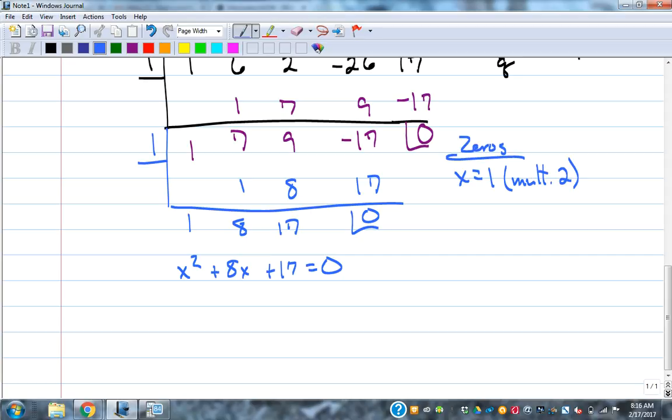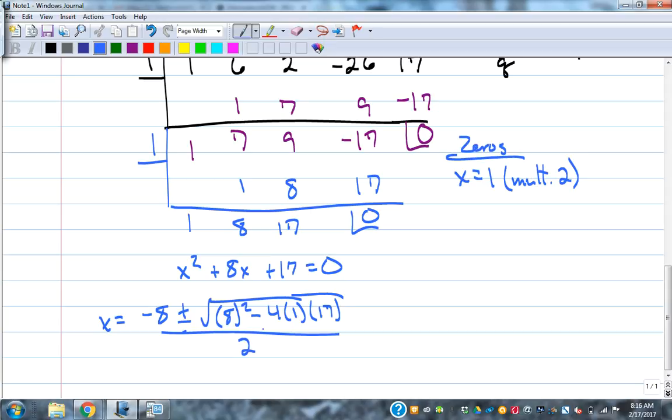Completing the square is another option, but nobody ever does that one. But the quadratic formula is where I go here. X equals negative b plus or minus the radical of b squared minus 4ac, divided by 2a. Okay, so work this out.